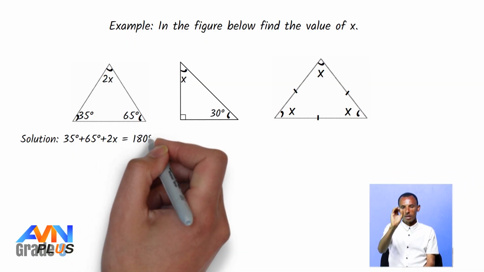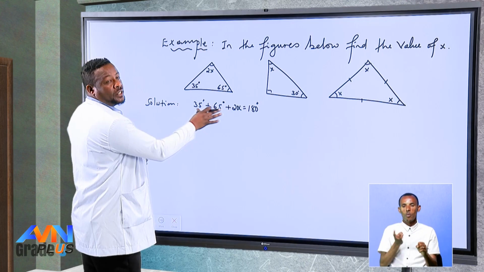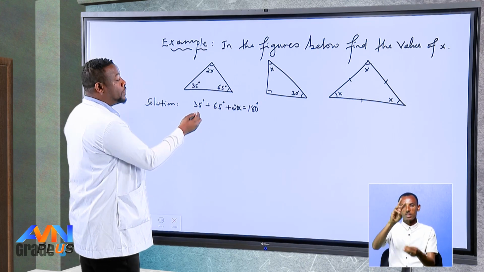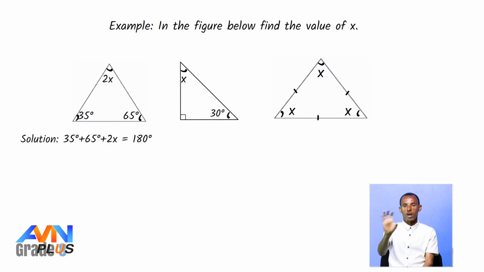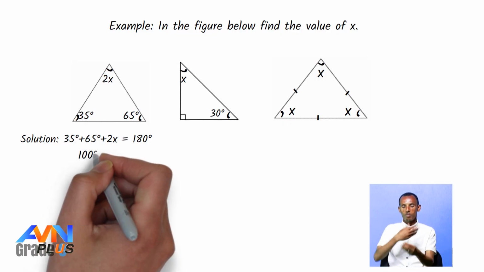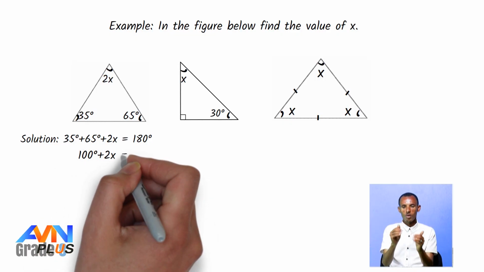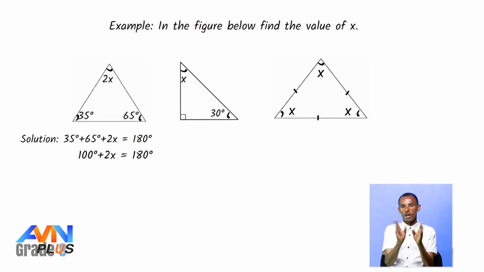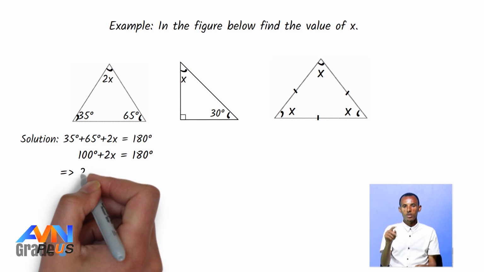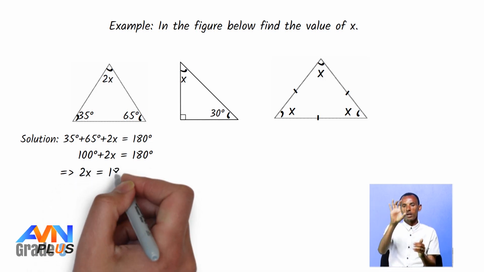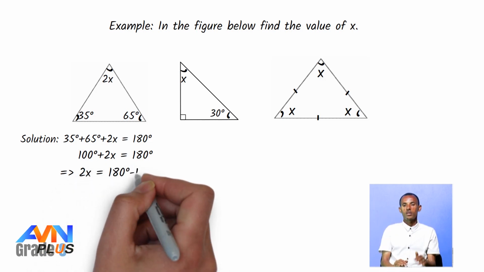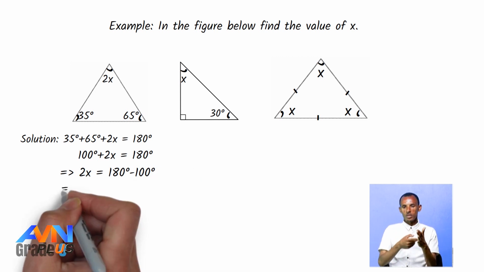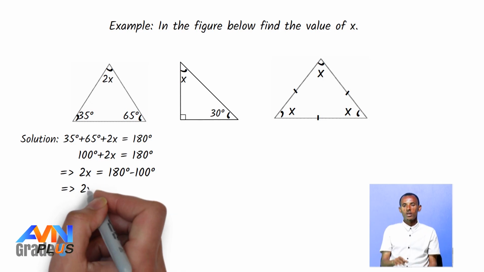So we can now add 35 and 65. The sum of these two is 100. Okay, 100 degrees plus 2x is 180 degrees. So collecting like terms, this gives us 2x equals 180 degrees minus 100. So this implies 2x is 80 degrees.